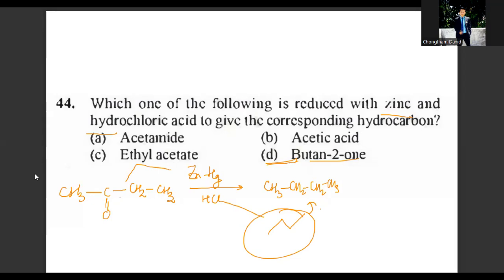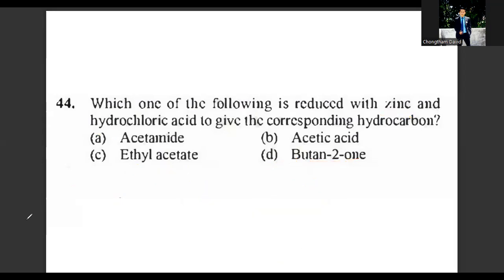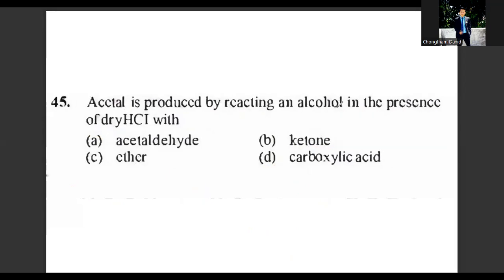Last question. Last question is for you to do. You give the answer in the comment section. Acetal is produced by reacting an alcohol in the presence of dry HCl with acetaldehyde, or ketone, or ether, or carboxylic acid.